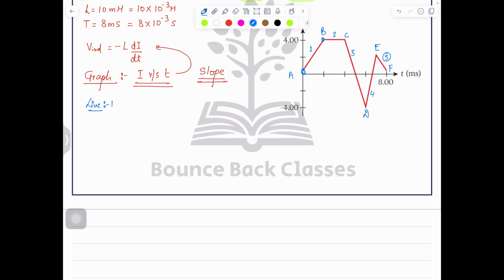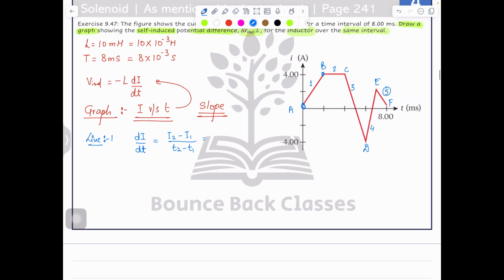So how to solve the slope? We know what we are looking for: di over dt, which means I2 minus I1 over T2 minus T1, for case 1. What is your I2? Just check. I2 is 4 minus 0, divided by the time, which is 2 millisecond.